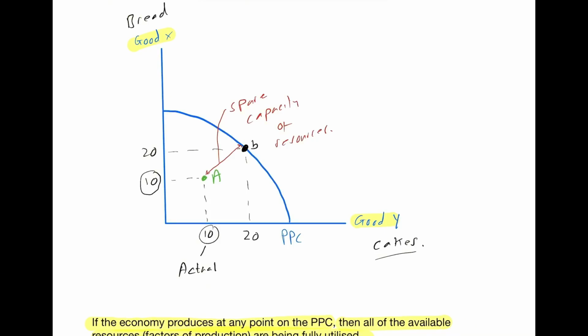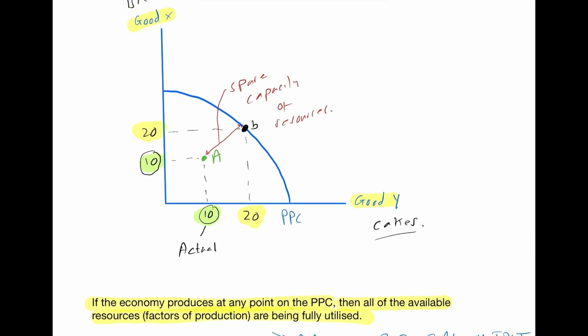And if this was the case, then the economy would be producing 20 units of bread and 20 units of cakes. However, if the economy is producing at point A, it means that not all of the resources are being fully utilized. So then the actual output would be 10 units of bread and 10 units of cakes, okay?